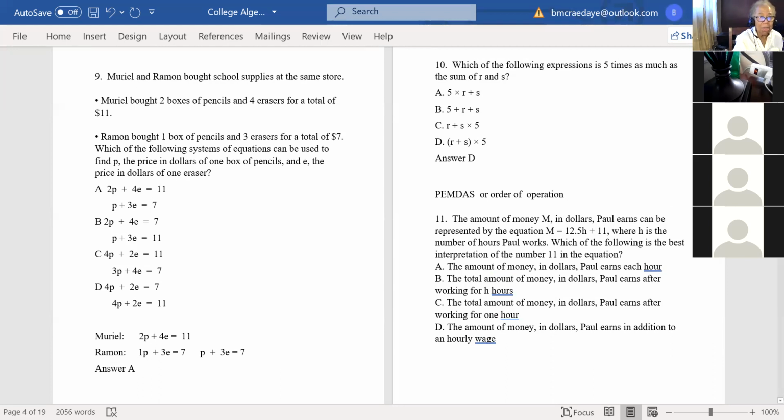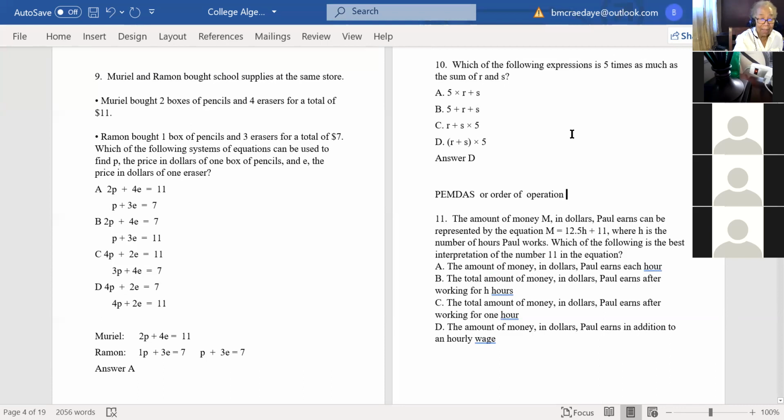Okay, because it says, which of the following expressions is 5 times as much as the sum of R and S? That means you've got to add these two first and then multiply times 5. Now, which one of these has the adding first and then the multiplying? You got it?